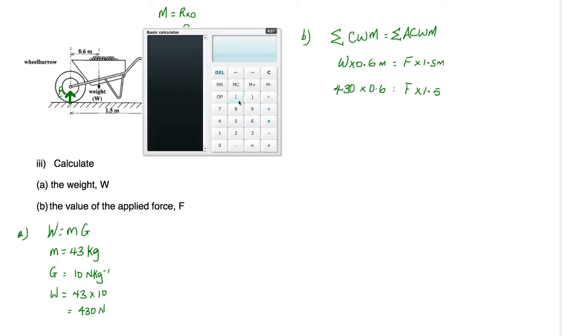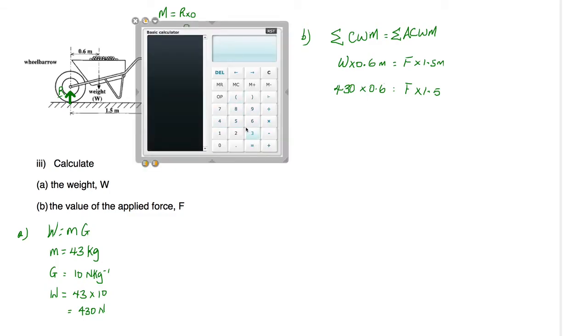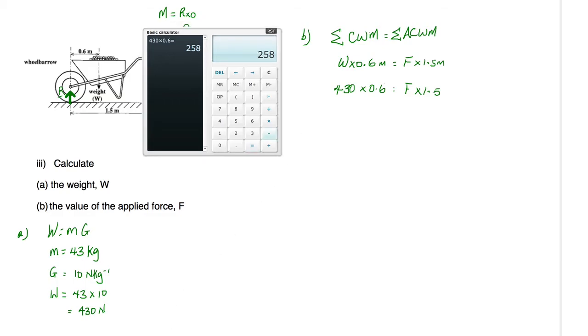Alright, so 430 times 0.6 is 258. So that's 258 is equal to F times 1.5. So now we're trying to find out what F is.